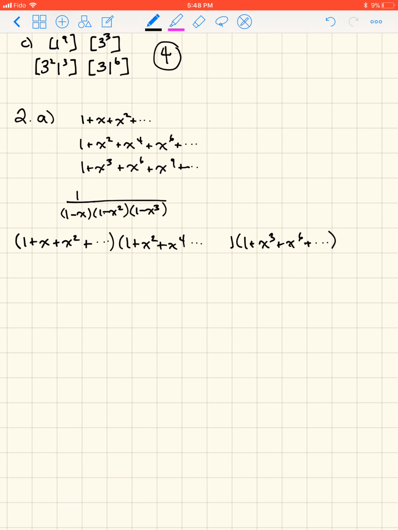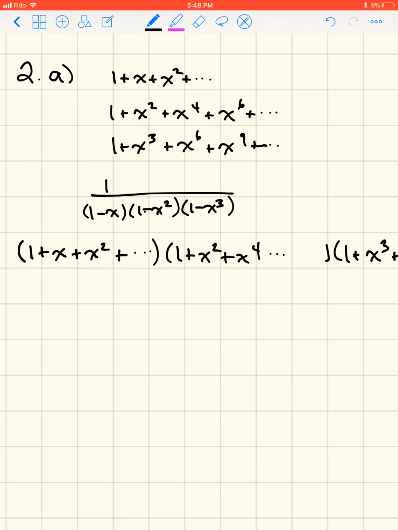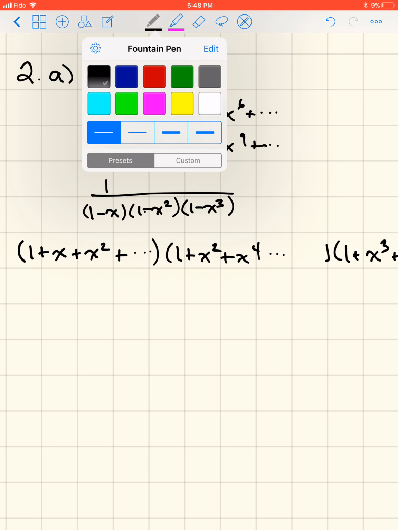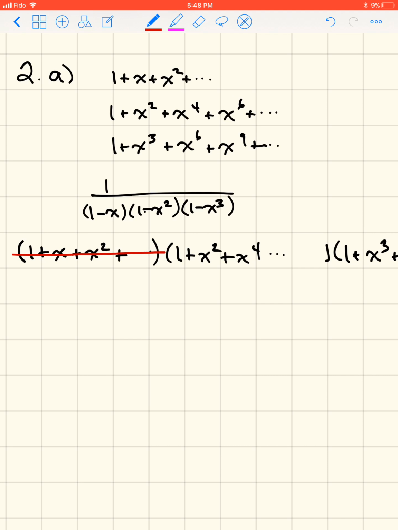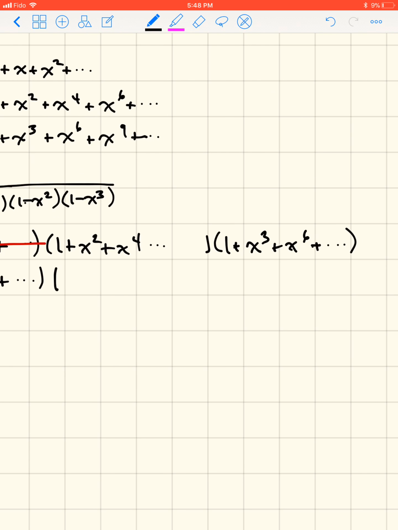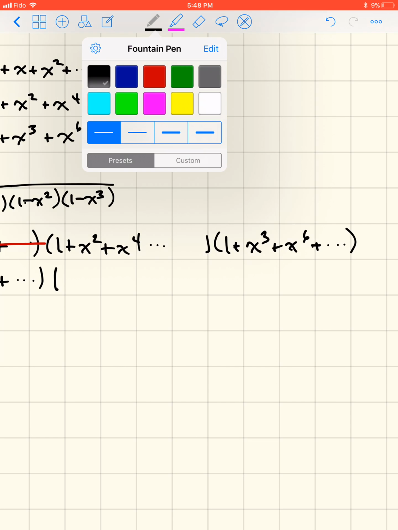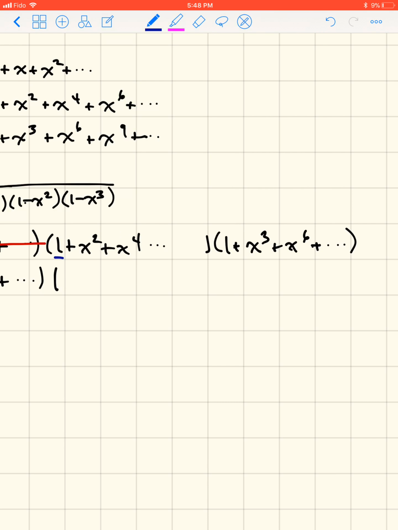But something interesting happens here. We can ignore the first one, just for a little bit. It's still going to be there. In fact, I'd better write it out so I don't forget. But we're just going to multiply out these other two. Now, for the constants, the only constant we have is 1 times 1, so we start with the 1. There's no way to get just a power of x.